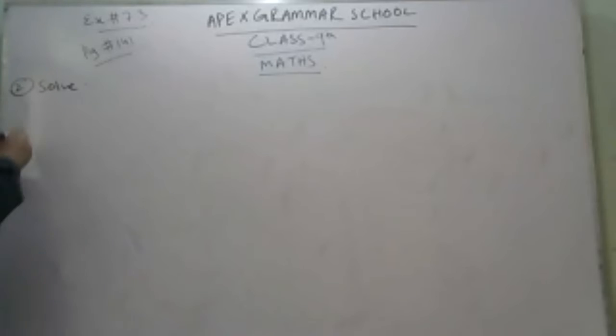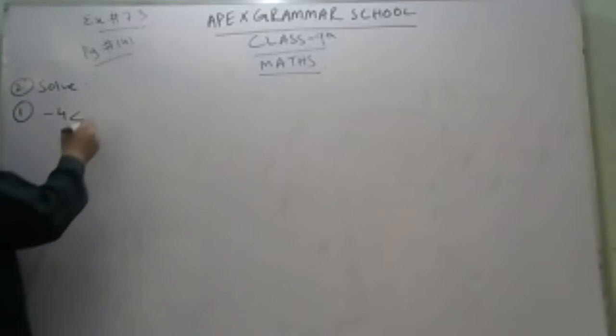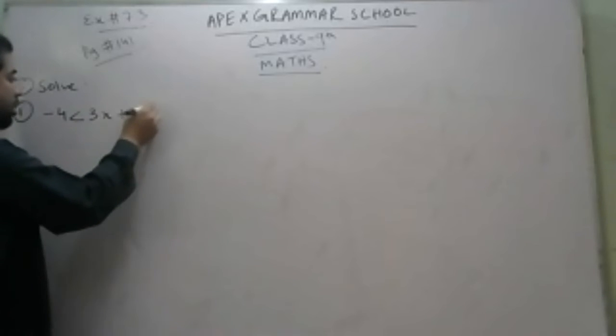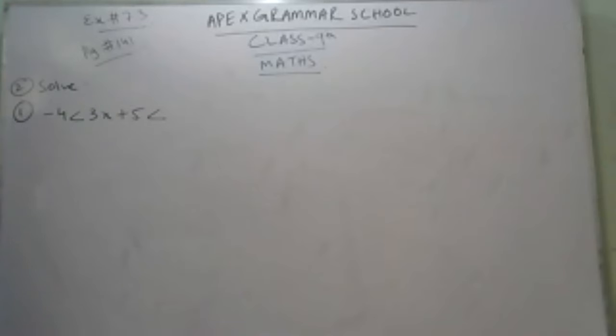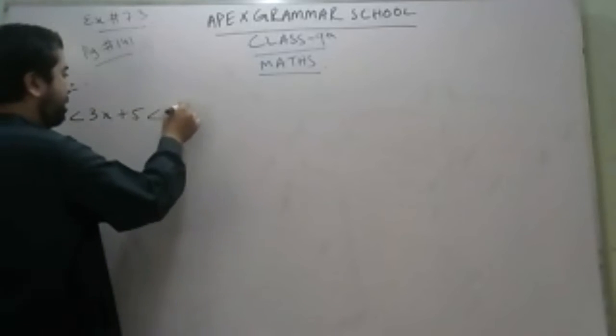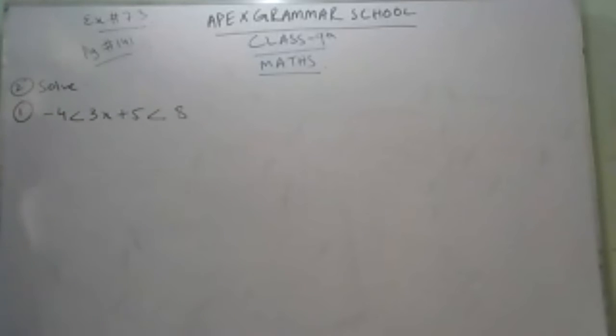Part number 1 is minus 4 less than 3x plus 5 less than 8. You will be surprised that you have one and two inequalities.